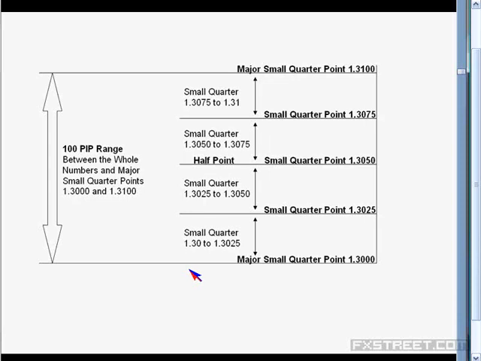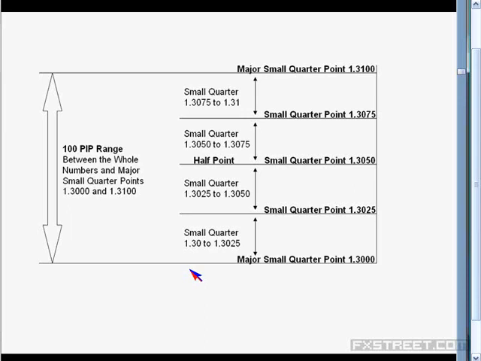Between each two regular whole numbers, for example, $1.30 and $1.31, there is a 1 cent difference. As many of you know, when you think in terms of pips, 1 cent equals 100 pips. So that 100 pip range is also divided by the Quarters Theory into 4 equal parts, or 4 small quarters of 25 pips each.